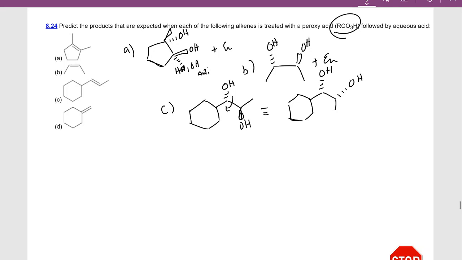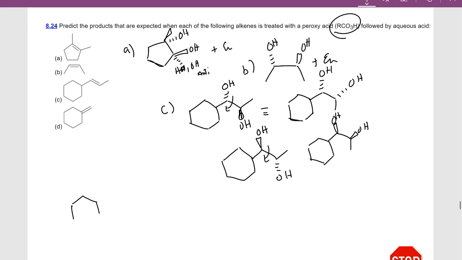We could have gotten that, that would give us that, but then let's think about if we had the enantiomer. This OH is on a wedge, this OH is on a dash, and we rotate, and that's going to give us this thing. So those are enantiomers of each other. Just thought I'd explore that a little bit.